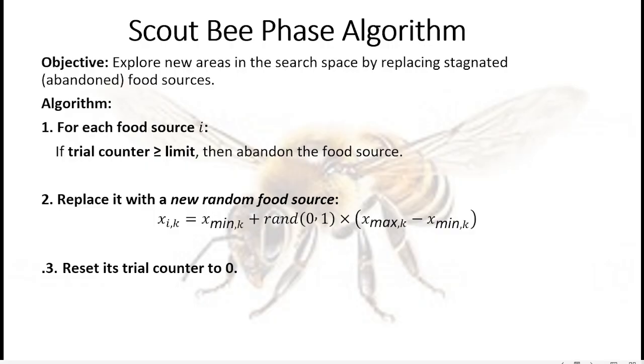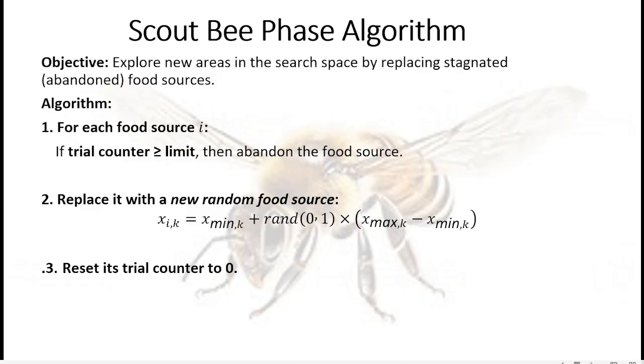So the first step is, for each food source, track the trial counter. That is, if the trial counter exceeds the limit, it means this food source hasn't improved for the number of attempts, so it gets abandoned. Trial counter is an integer associated with each food source, incremented each time the solution does not improve.